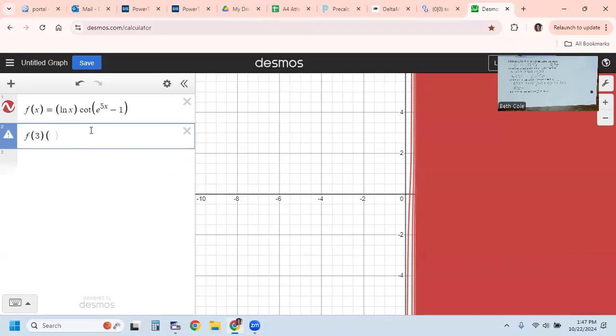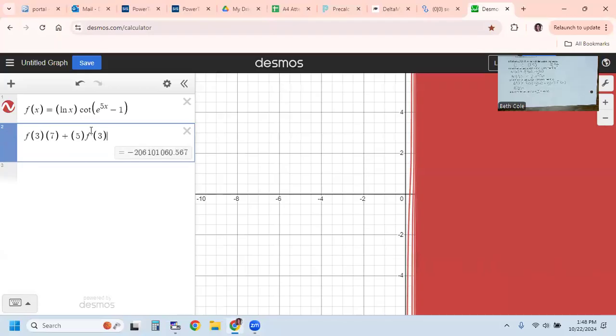Look at your little table. What is g prime of 3? 7, good. Plus g of 3. What's g of 3? 5. And then we want f prime of 3.